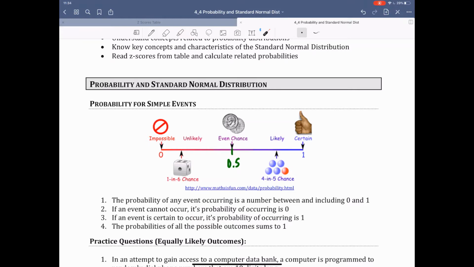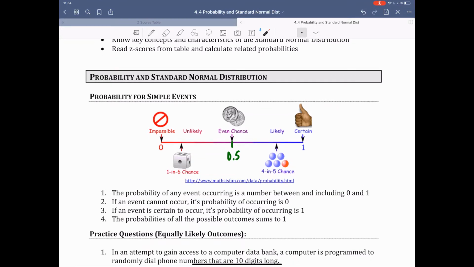Whereas with a dice, you have 6 different sides, so you have a 1 in 6 chance of getting any one particular number. So in this case, you'd have 1 in 6 chance of getting a 1. Or if we're looking at these 5 balls, and I said, what is the probability of selecting a blue ball? You would have 4 in 5 chances of picking a blue ball. So it's quite likely that you would get a blue ball.